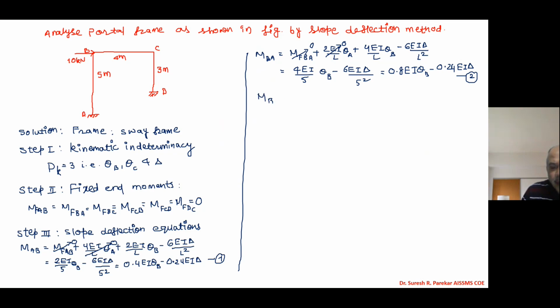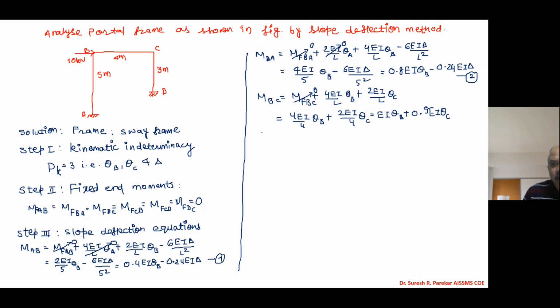Then we have MBC, MFBC plus 4 EI upon L theta B plus 2 EI upon L theta C. MFBC is 0, so 4 EI upon 4 theta B plus 2 EI upon 4 theta C equal to EI theta B plus 0.5 EI theta C. This is equation 3.